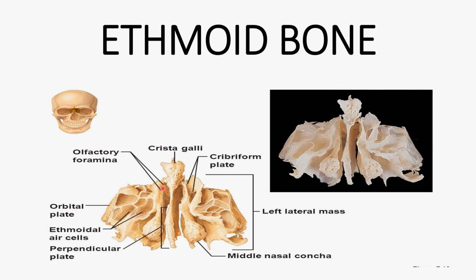And it also has the orbital plate, ethmoidal. Here you can see the orbital plate and the ethmoidal air cells, and it has two conchae, the middle nasal concha and the inferior nasal concha, which are articulated with the perpendicular plate of the nasal cavity.